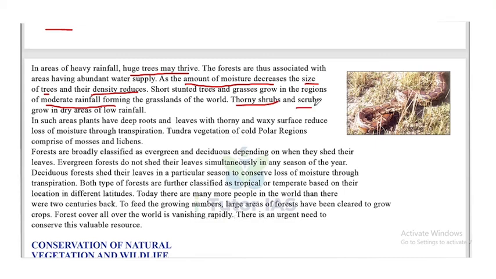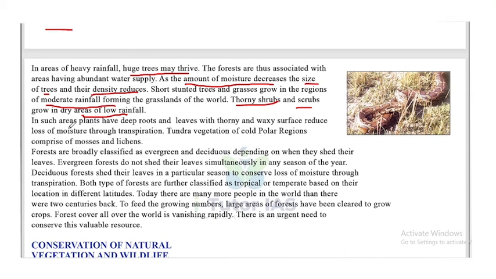Thorny shrubs and scrubs grow in dry areas with low rainfall. We already discussed that too. Why are they thorny? Because they need to control the water loss through the process of evaporation. That's why the plants in desert or dry regions have a thorny surface.